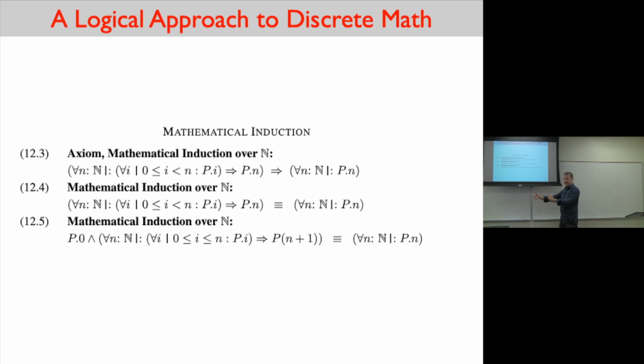In other words, if you can show that p dot i is true for all i up to but not including n, and that that implies p dot n is true, then what have you shown? That p dot n is true for all n.